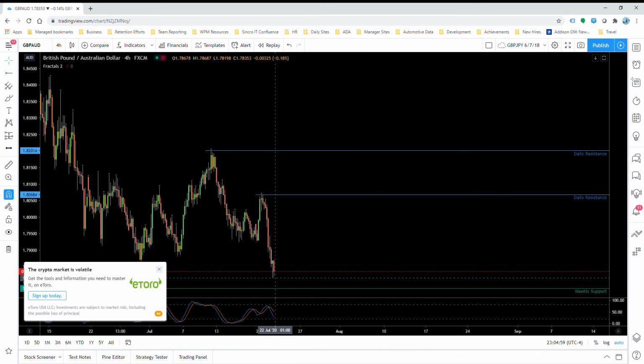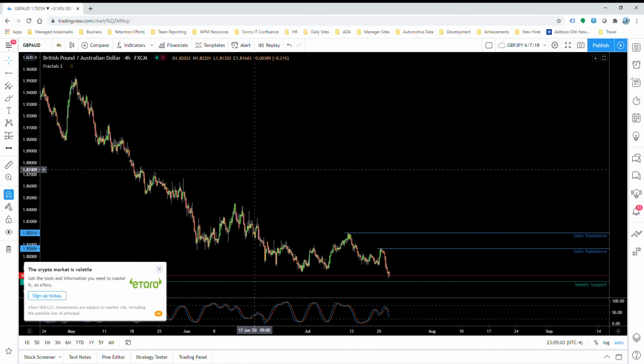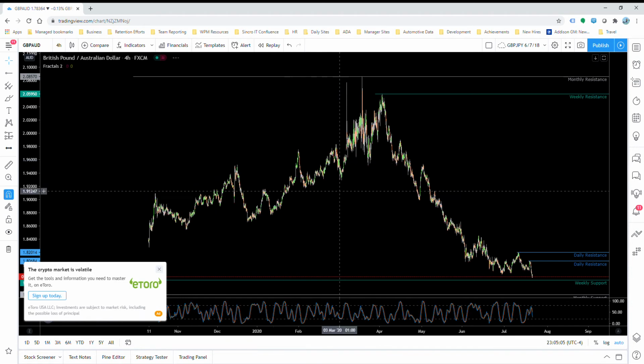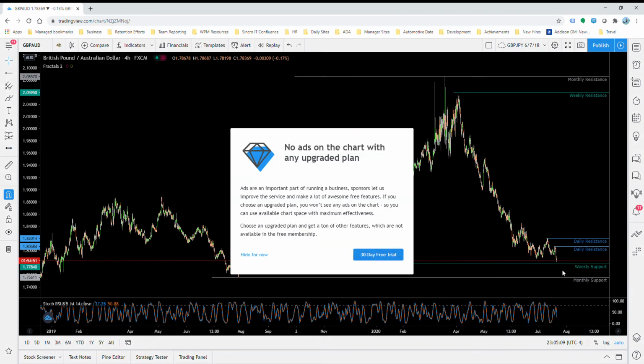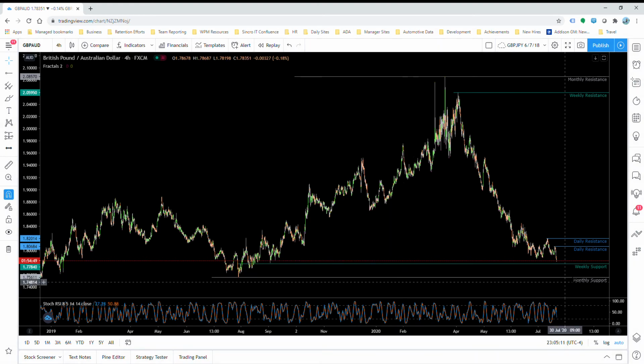See price is currently rejecting off of this area, and if we zoom out, we'll see as we look. Again, this is definitely an area for us to watch, right? This price can respect this area and move back up to the daily resistance here.